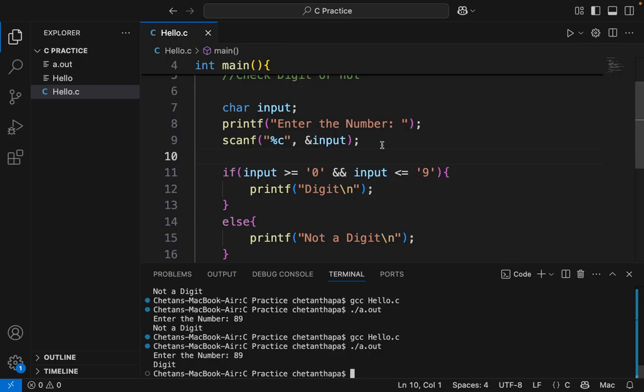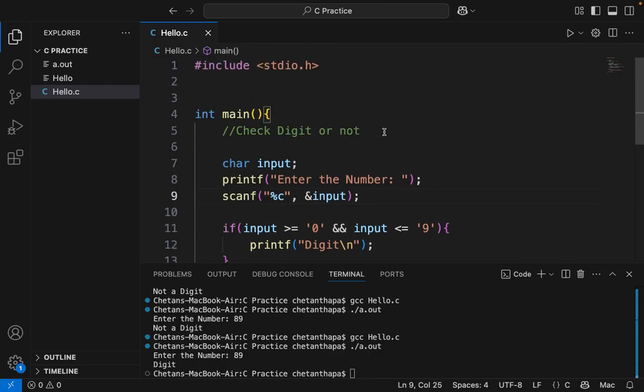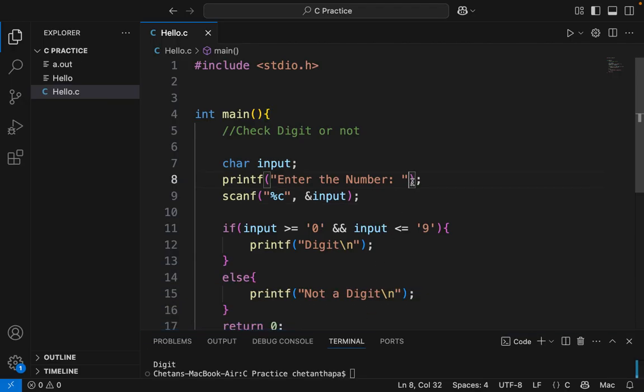So how this code runs is, what has happened in this program: we have created one variable of char data type.